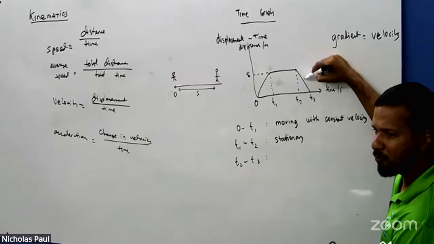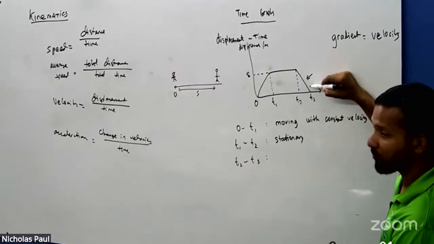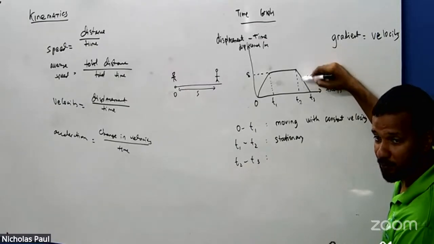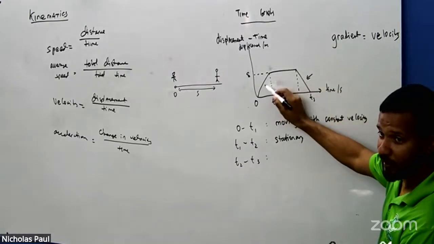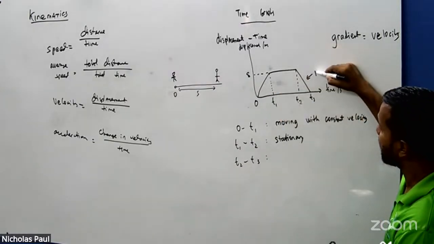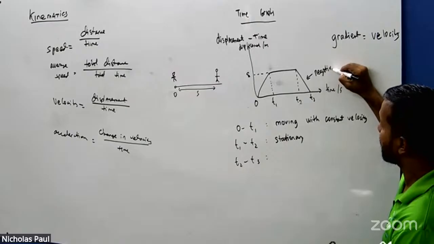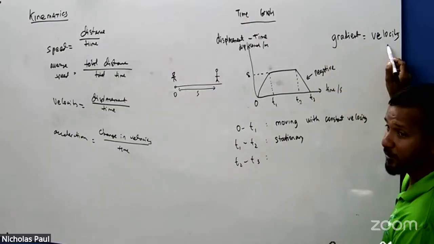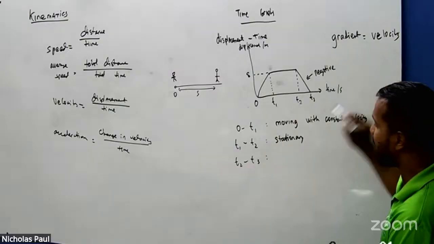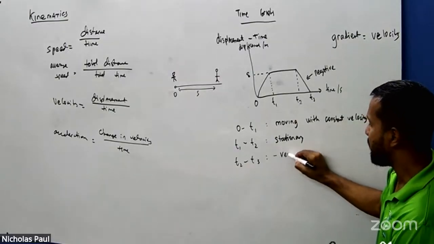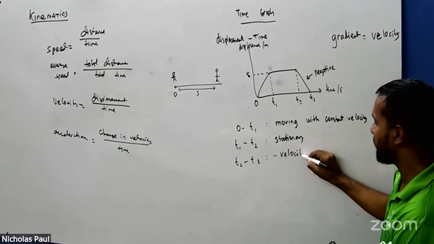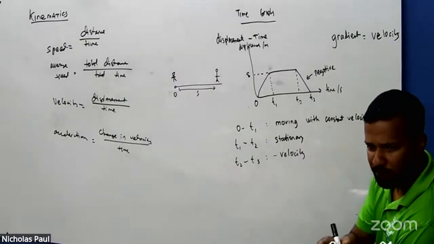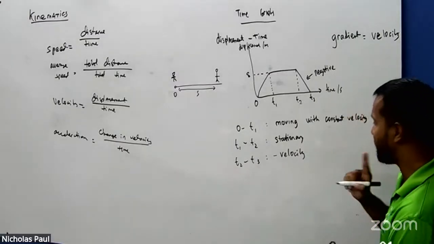What type of gradient is this part here? There's a negative gradient, going down. And we said gradient is velocity. Anybody remember what negative velocity means? A change in direction.